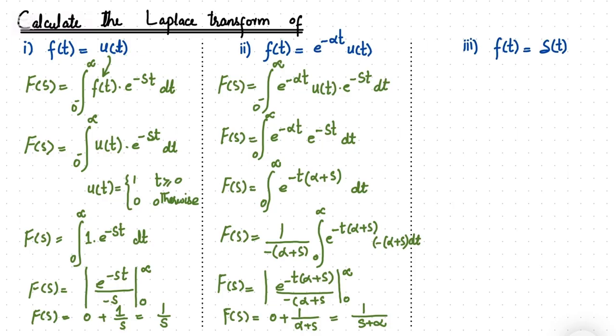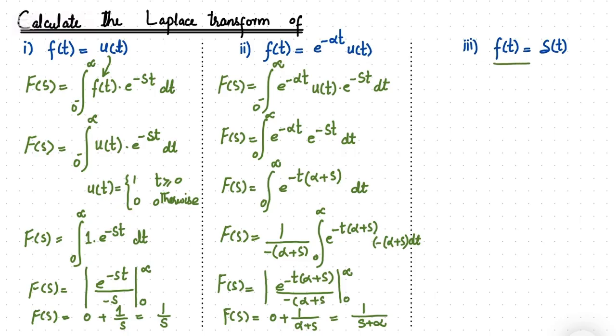The s in the denominator is shifted by the same amount, s plus alpha, by which the time domain function u of t was multiplied by an exponential function e raised to power minus alpha t. So this minus alpha is going to shift s to s plus alpha. This property is known as the s domain shifting property, but we will discuss it in detail in coming slides.